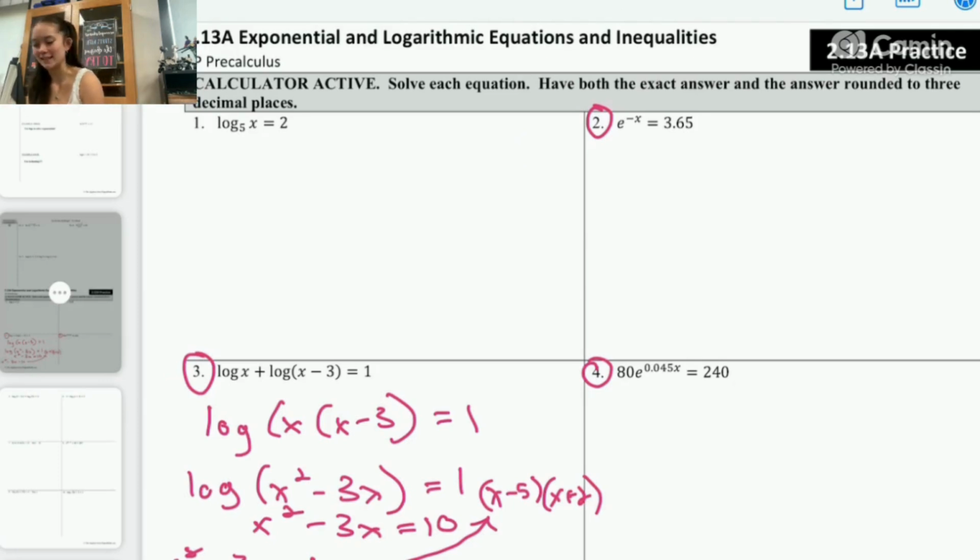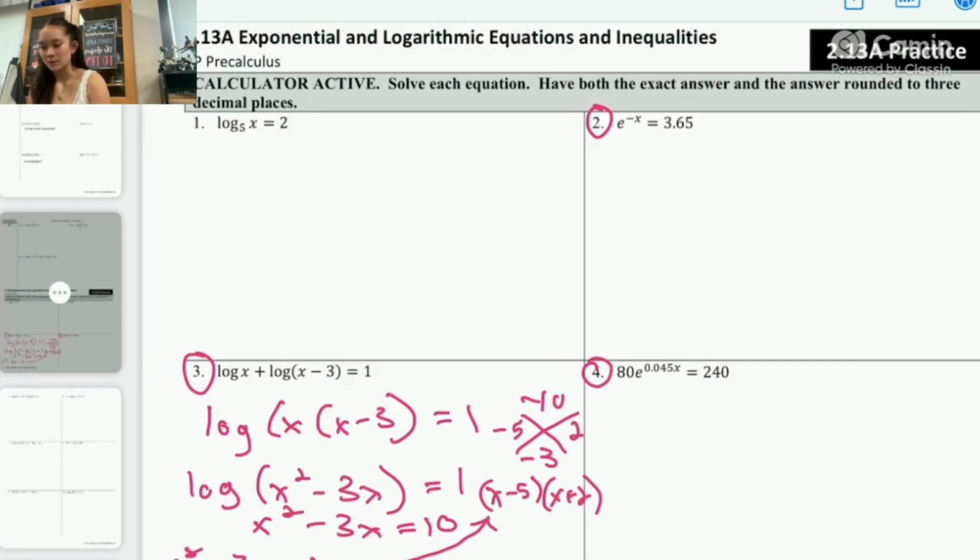If that doesn't make sense, I always use the trick where you do a little x, and then you put the last variable on the top, so negative 10, and then negative 3 would be on the bottom, and something that multiplies to negative 10 and adds to negative 3 is negative 5 and 2. So that's just like the process in my brain that I always do for that.